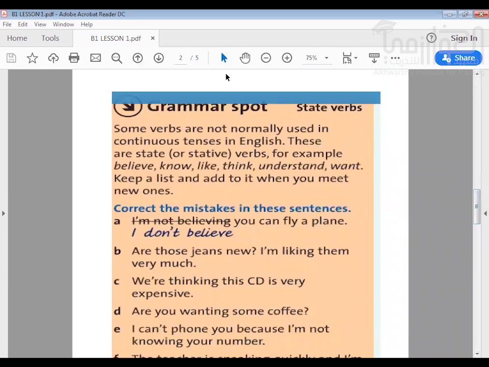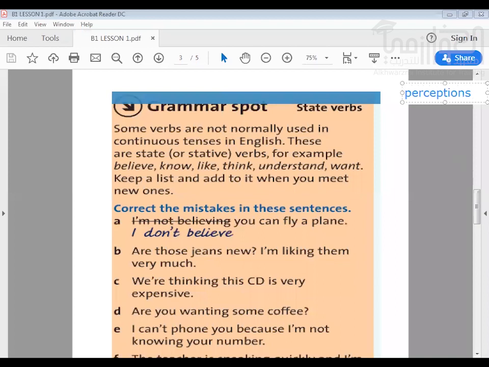Usually, verbs that speak about what we think, we call perception. That is what you think, your opinion. Perception. Verbs that are about perceptions, your opinion, what you think about something, we don't use them in the present continuous.